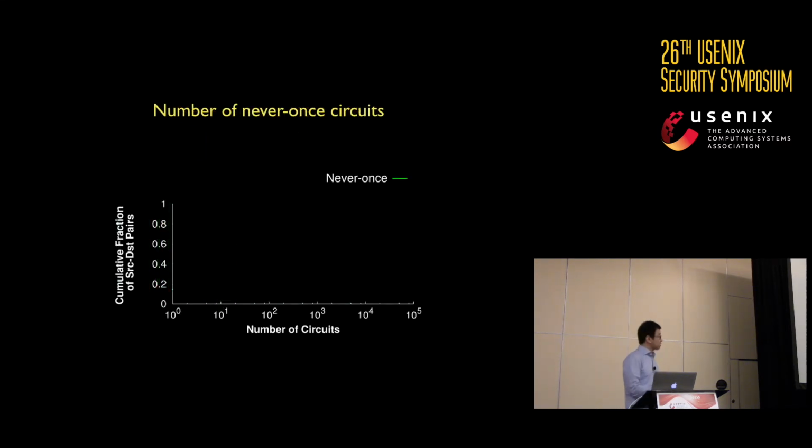Okay, from the previous results, we have seen that many source destination pairs can find at least one DeTor circuit. Then we try to find out how many DeTor circuits exactly those pairs can actually find. That line firstly shows the total number of Tor circuits we can find using the nodes we selected.